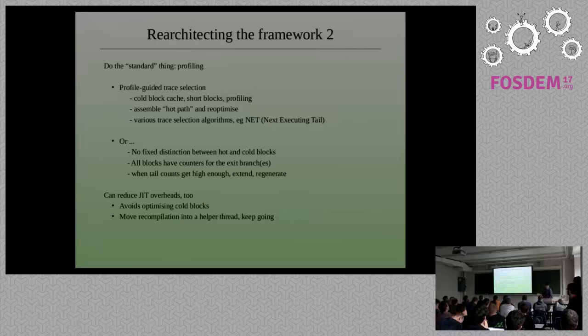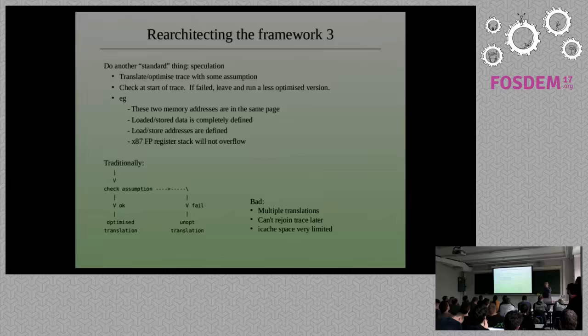The other way which I really like to readjust this is to make it possible to do speculation in the intermediate representation. This is again another trick which is standard for JavaScript compilers, for Java compilers, anything that does dynamic compilation really, and other dynamic instrumentation frameworks.